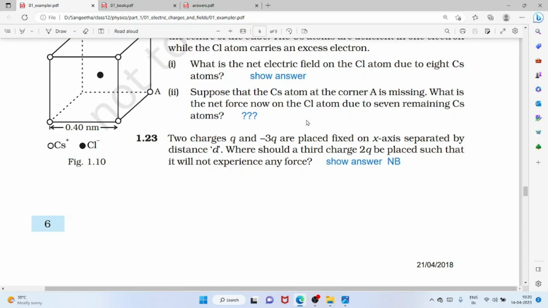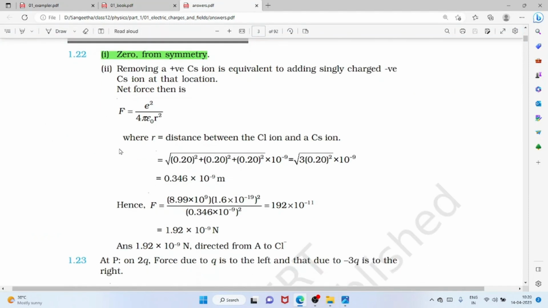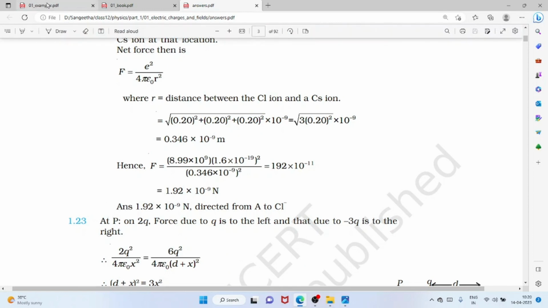What is the net force on the Cl atom due to the remaining atoms? Okay, you have to compute this, charge by distance square. This is how they are finding the distance. And this is the net force, directed from A to Cl.